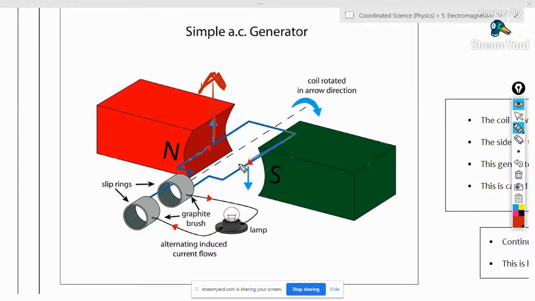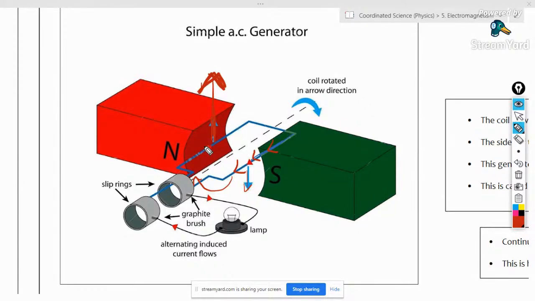Over here we said the current was going this way in this piece of wire. But now, 180 degrees later, when this wire flips over and moves over to this side, instead of moving down, it's moving up. And so let's do our right-hand palm rule again, which again, you don't really have to know, but it just helps in this instance to describe why this is alternating current.